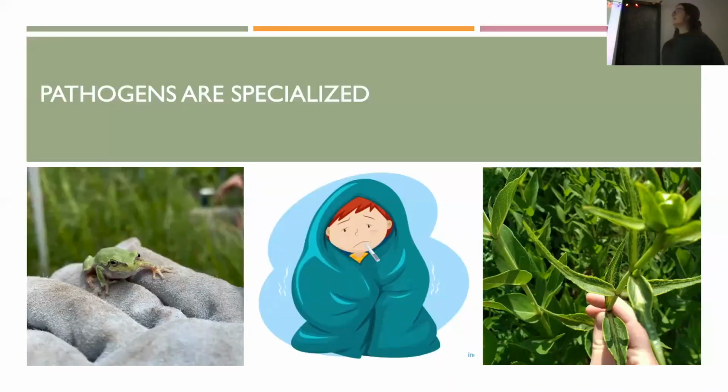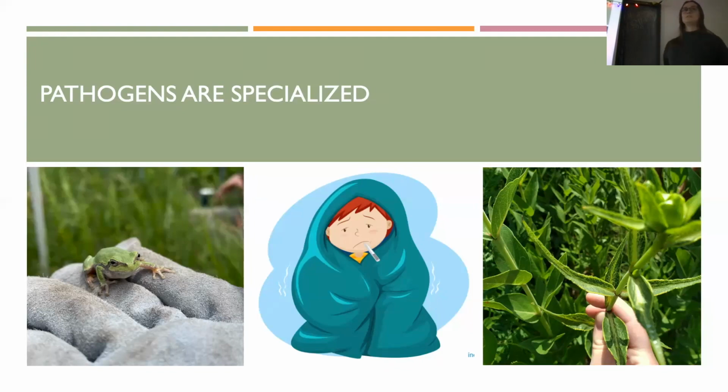So pathogens are antagonists which harm their hosts, and pathogens also tend to be specialized. They come in different forms such as bacteria, viruses, and other microorganisms, and they're specialized in order to break down their host defense mechanisms. An example of specialization would be that frog pathogens would likely not infect a plant, and a plant pathogen would not infect a frog.